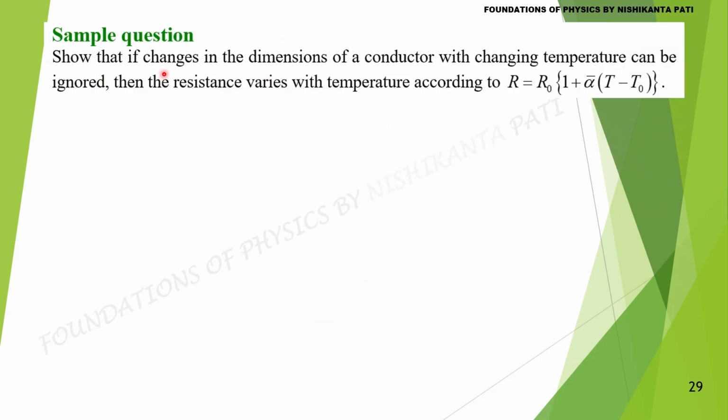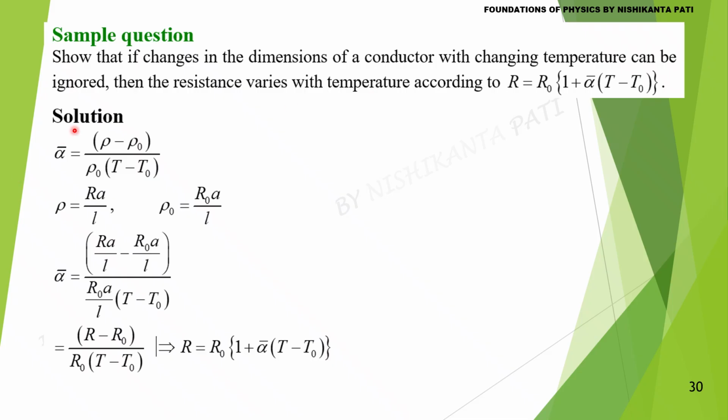So if changes in dimension of a conductor with changing temperature can be ignored, then the resistance varies with temperature according to R is equal to R0 into 1 plus alpha bar into T minus T0. We know alpha bar, that is the temperature coefficient of resistivity, is rho minus rho 0 by rho 0 into T minus T0.